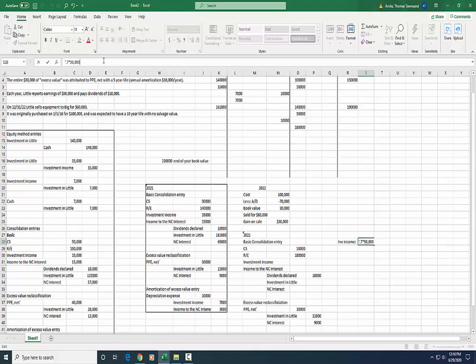So we're going to go ahead and take away our share of that $30,000 unrealized gain. So 70% of 50,000 is 35,000, 70% of 30,000 is 21,000, or if you prefer, you could do 70% of 20,000. No matter how you slice it, that's $14,000.